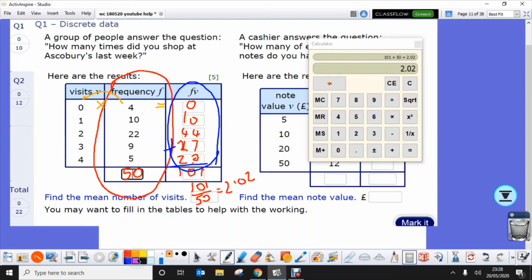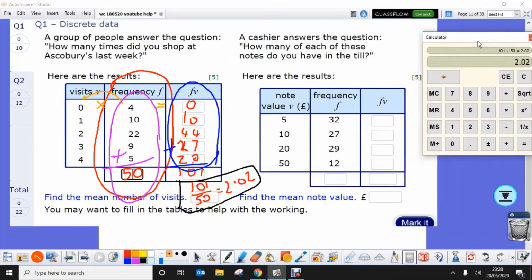Step 3, sum all of these values up to give you that value. And step 4, do the division sum. 101 divided by 50 gives me 2.02. So if we're thinking about that, that was just over 2 visits per time to that shop.